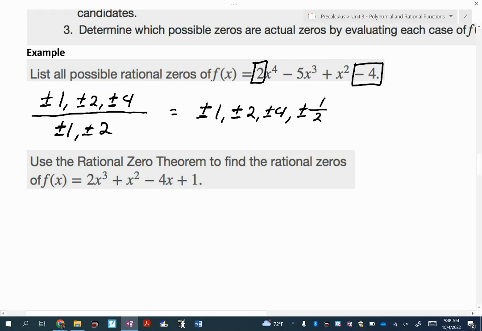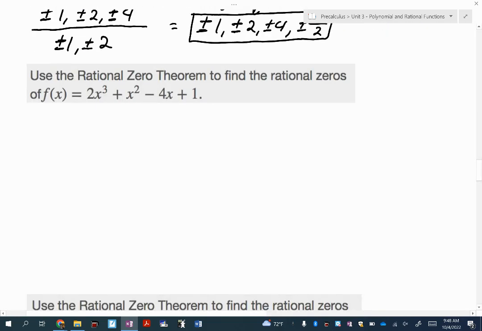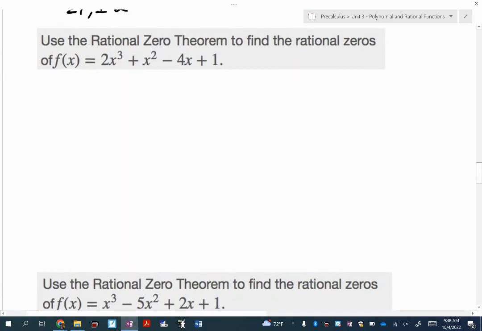But then I get 2 over 2, which I already have, that's 1. And then 4 over 2, I already have 2. So these right here are what we call our possible rational zeros or possible rational roots. And those are the numbers that I would use first with my synthetic division to see if I could find one of my roots. So we're going to do that right here.